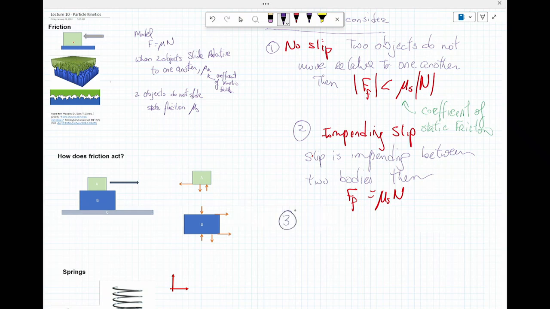Finally, of course, there's slip. In that case, you have the two objects moving relative to each other, and you have a different coefficient of friction.